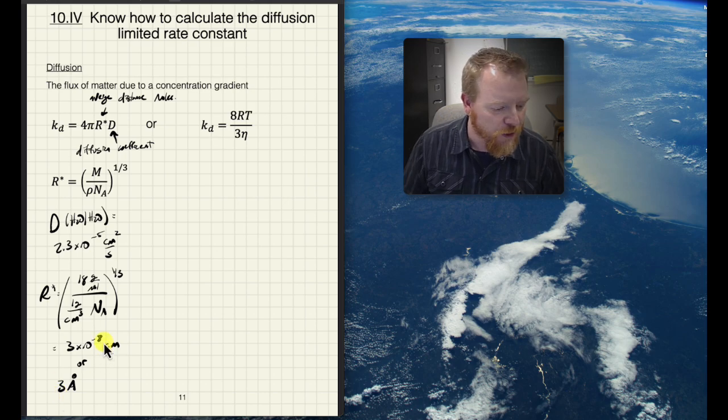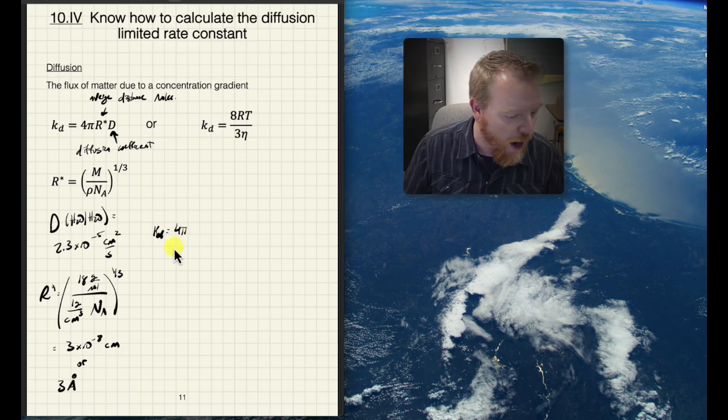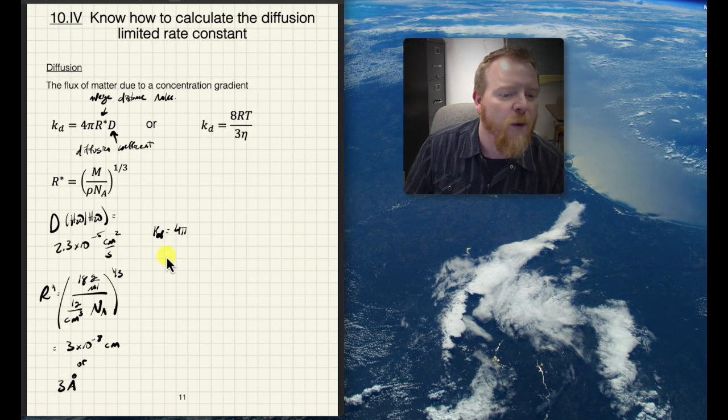So now continuing along with this calculation for Kd, I probably did not leave myself a good amount of room here. So I'll write Kd equals 4 pi. Let's see, where did my calculation go? Which value of R are we going to use?